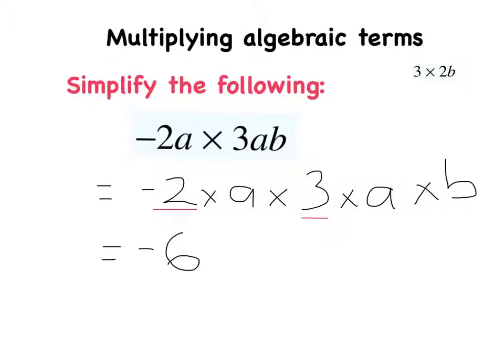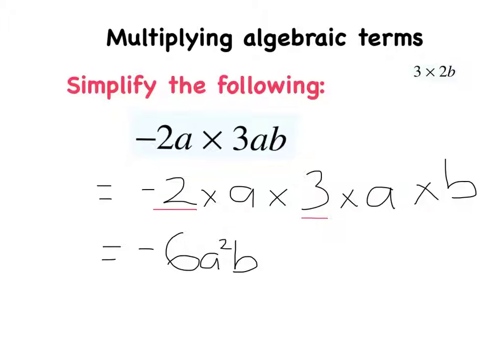I group my like terms, like we just learned. I can't group the b's and the a's, but I can express them separately. So a multiplied by a becomes a squared, and there's one b, so I write b in there.